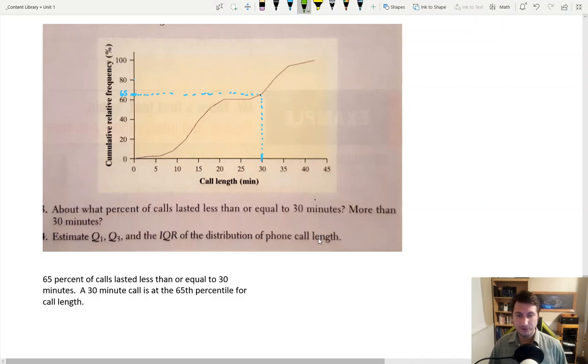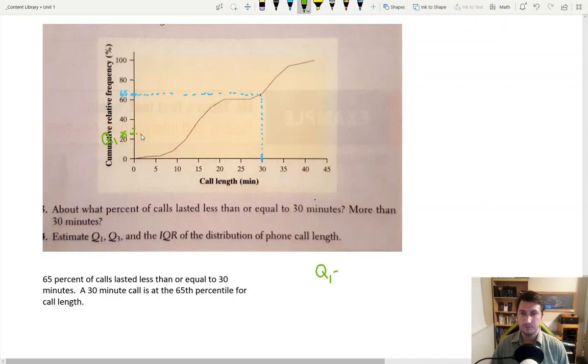That sounds complicated, but remember Q1, the median, and Q3 break the data up into 25% chunks. So Q1 is at the 25th percentile. So I'm going to come over here. This is about 25, and that is Q1.